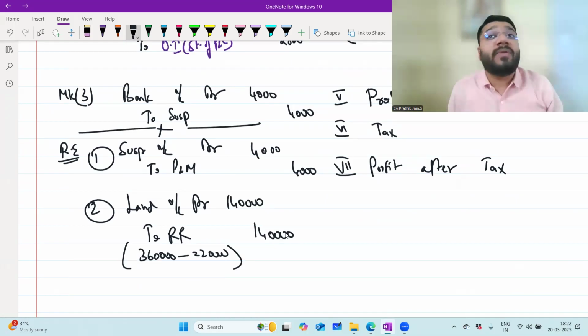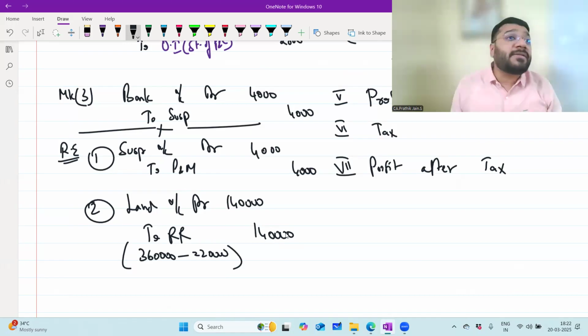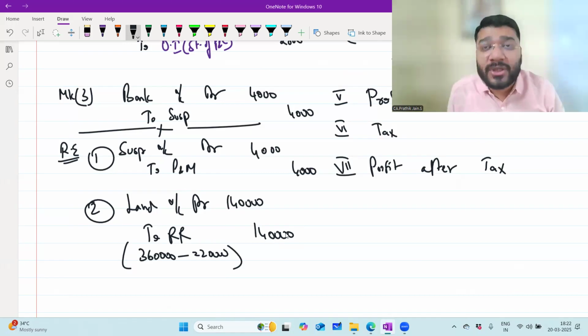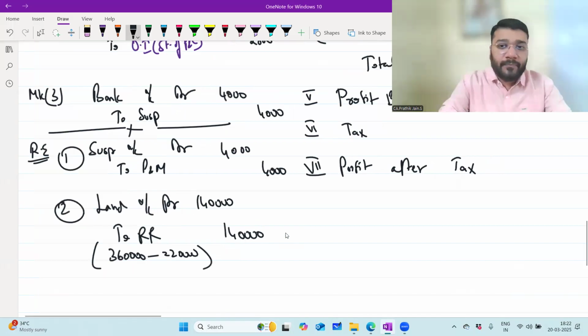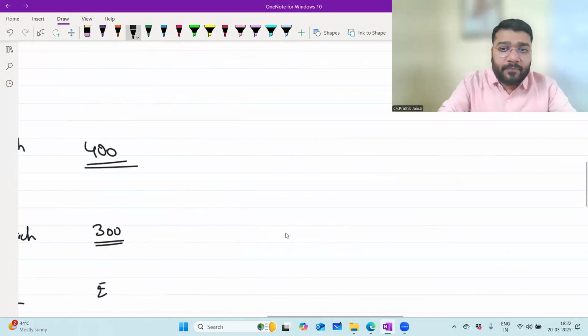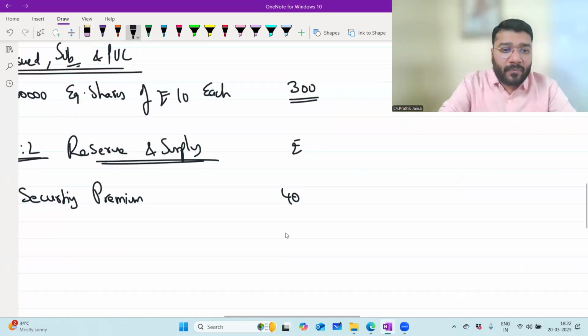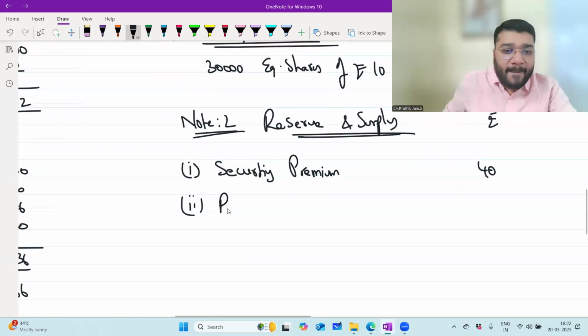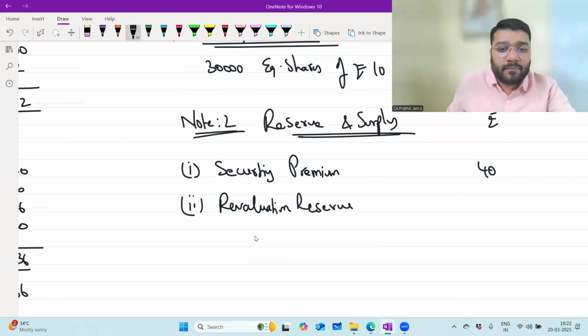And what am I going to do with this revaluation reserve? What is the purpose of this revaluation reserve? You'll understand in the upcoming classes when I do accounting standards. That time I'll tell you what is the purpose of this revaluation reserve. So revaluation reserve, under that, towards revaluation of land.